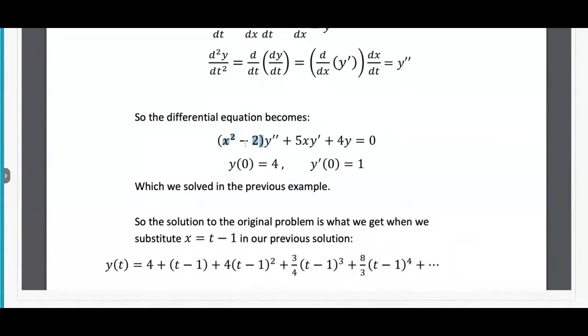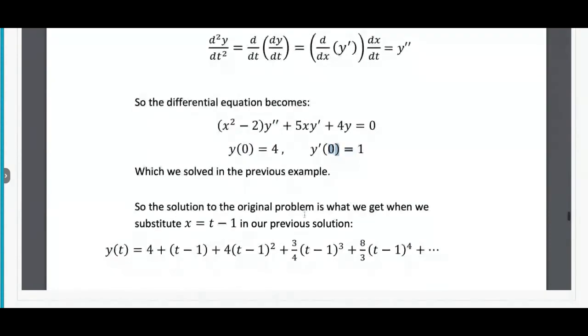Then a of x, b of x, c. Now with this initial condition, we have solved this previously. So the solution to the original problem is what we get when we substitute x equal to t minus 1. Now we can change back t minus 1 for x. So that just becomes this. So then y of x is the y of t now.